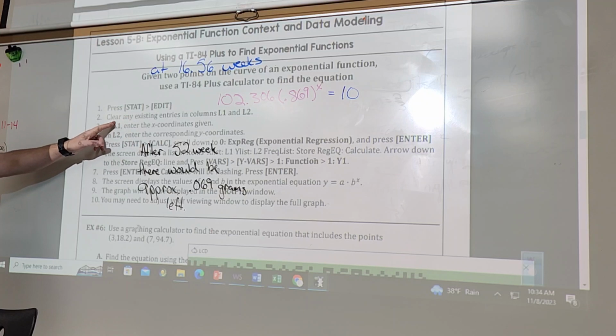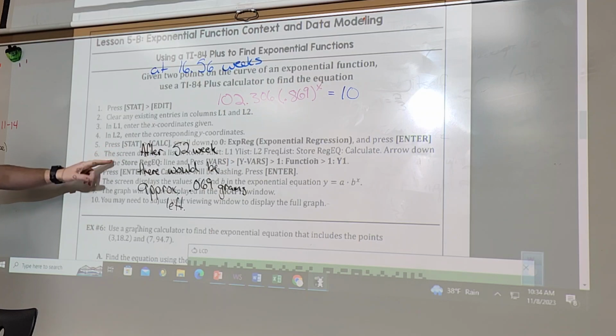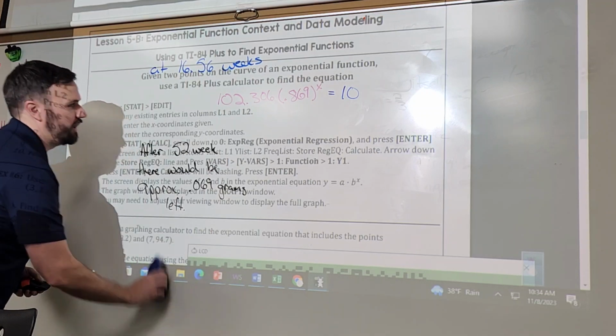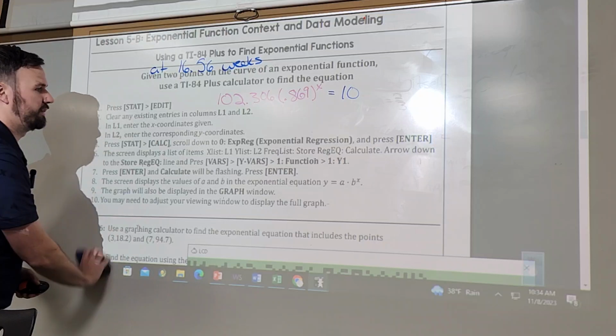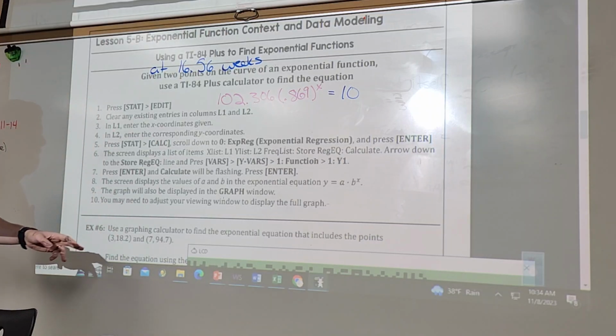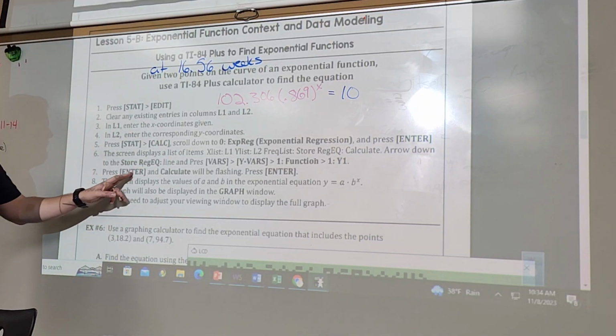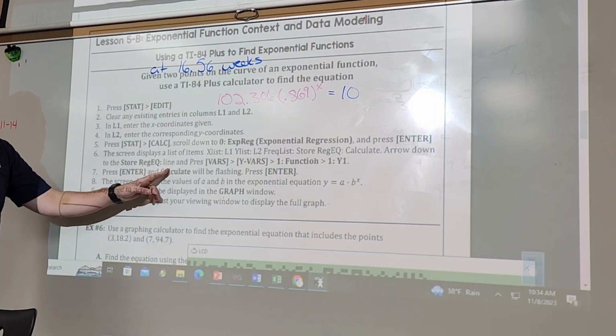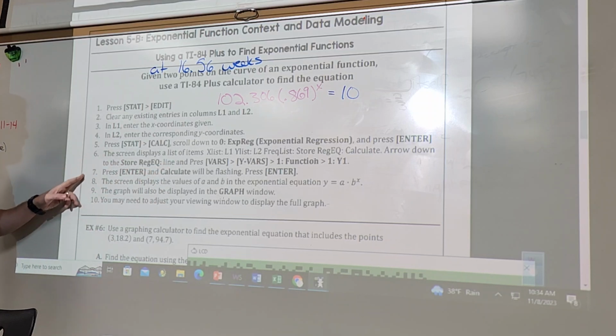Stat, edit, clear L1, L2. Plug in L1, plug in L2. Stat, calculate. Oh, this is how you can store it as Y1 and put it into your graph. So this right here will put it in the graph. I didn't show you guys how to do that, but you could.